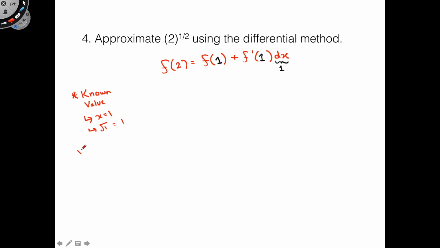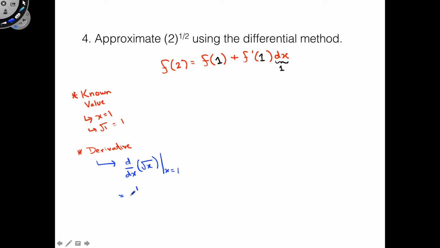Our second step is we need to find our derivative. Right? And what's our derivative going to be? Well, we're going to need to take the derivative of our general function, which is the square root of x, evaluated at x equals 1.